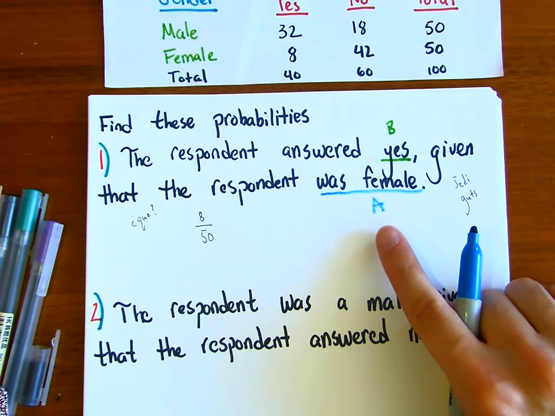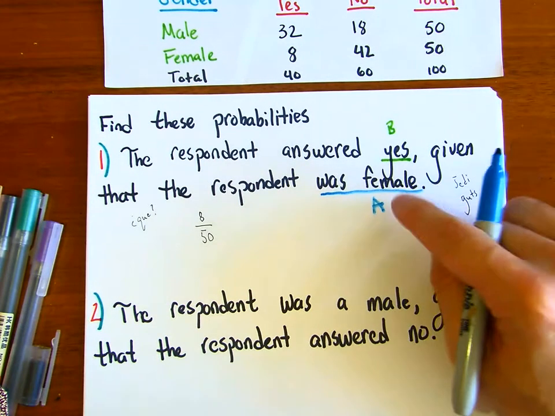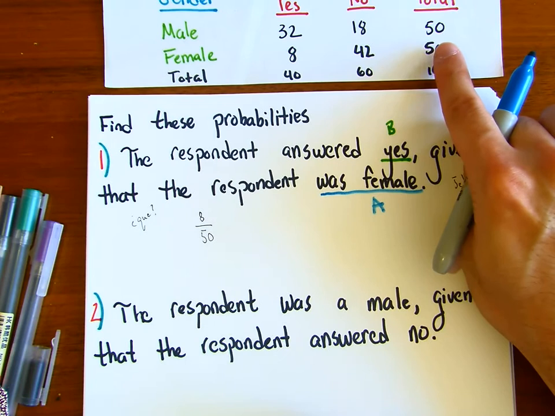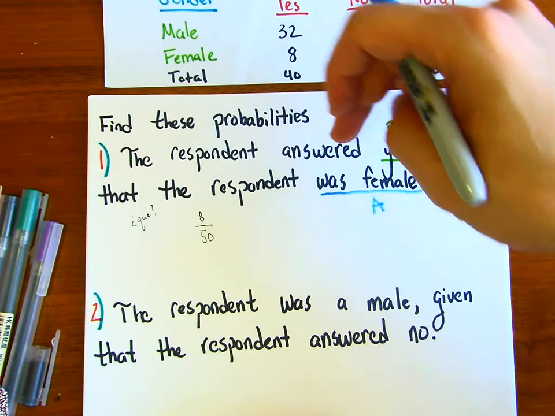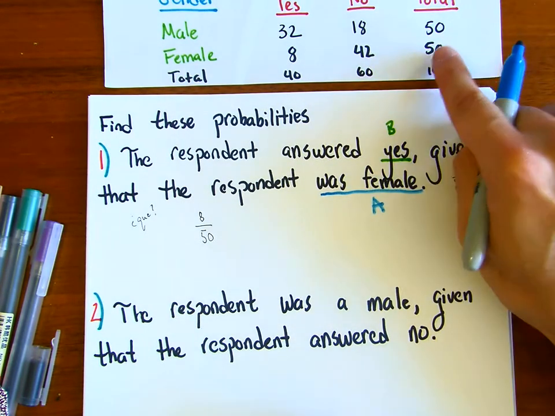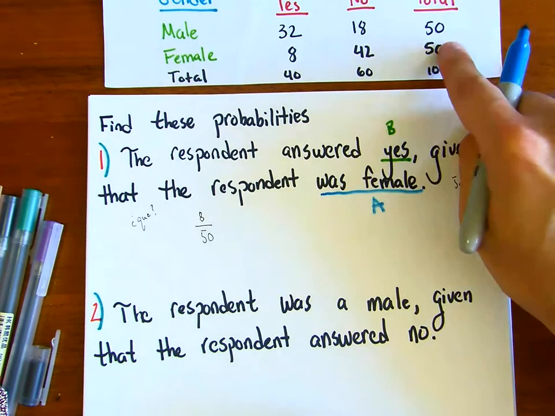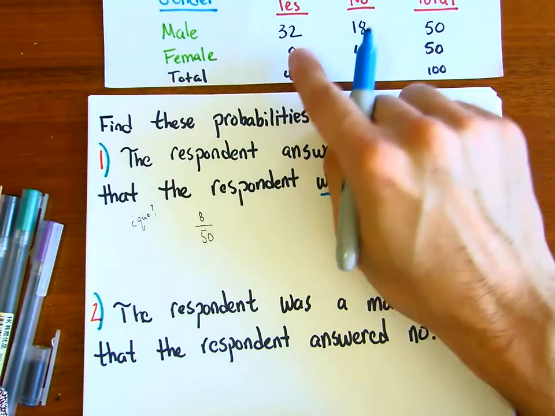How many females are there? You know that the respondent was a female, so there are 50 females. And how many of them answered yes? It was 8 of them. So that's the probability that the respondent answered yes, given that it was a female. First we looked at the number of females, and then how many of them actually said yes.